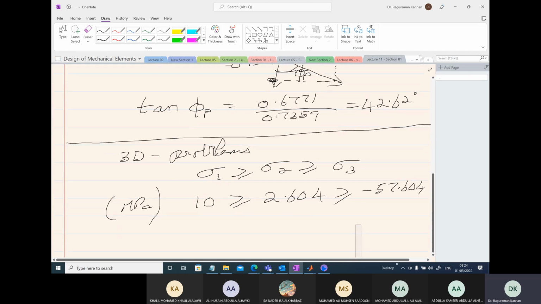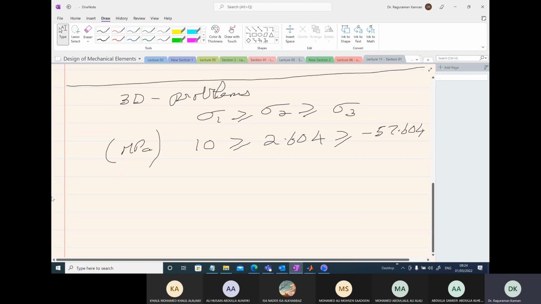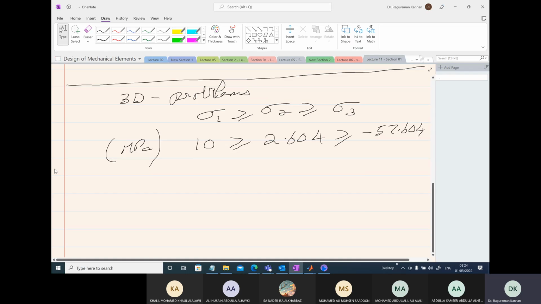After you arrange it in descending order, you get the absolute maximum shear stress. Max shear stress is sigma 1 minus sigma 3 over 2.